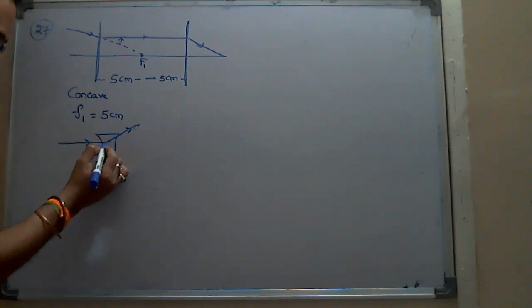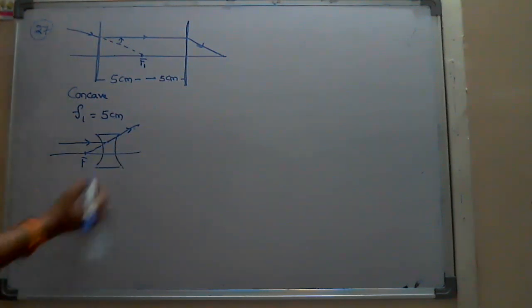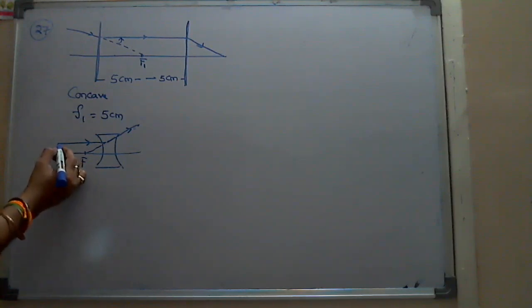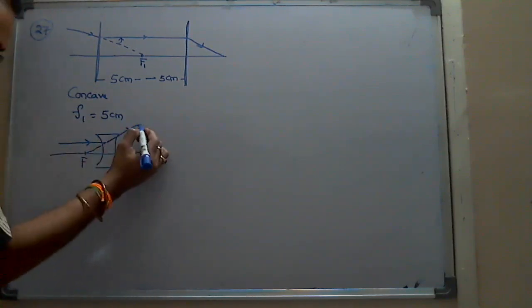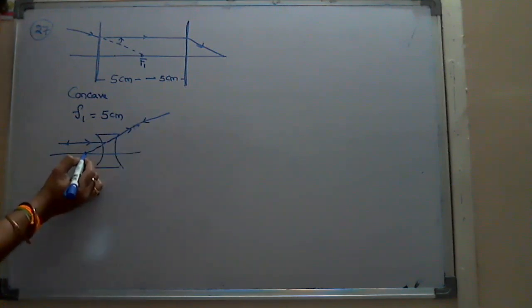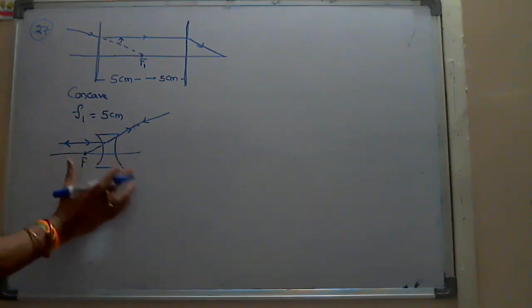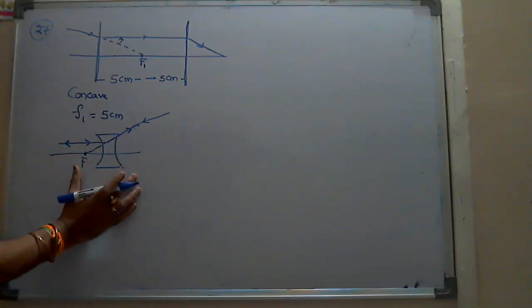It appears to diverge from a point called the focus. According to the principle of reversibility, if the light ray comes in the opposite direction like this, then it will go parallel. It is coming from the focus, then it will go parallel to the principal axis. This is the concave lens principle.